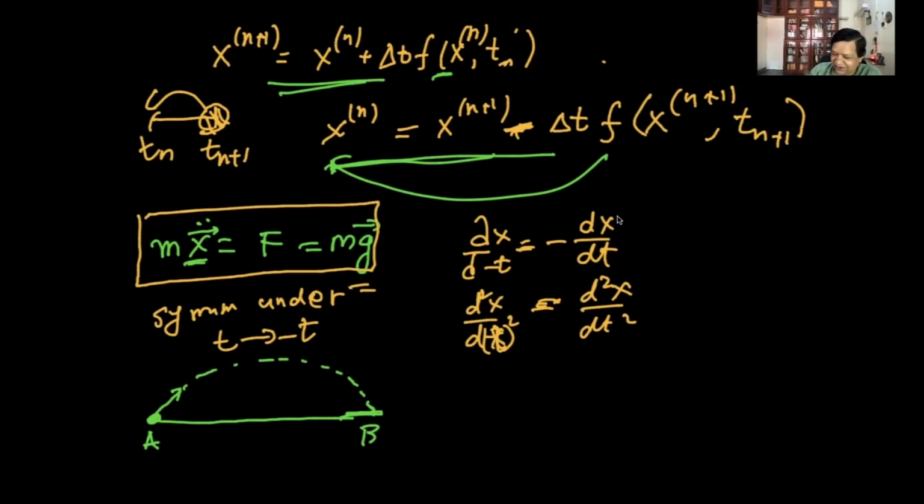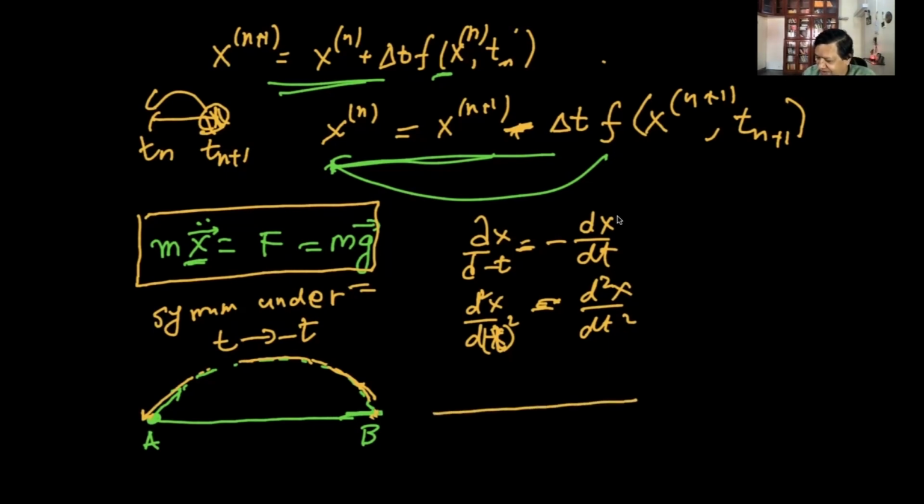Reversing means just imagine that I record this projectile motion in a video camera and play the video backward. So the projectile will go back in time. Say this happened at 11 o'clock, and this started at 10:55. So I just run it backward, and in the movie it will come back.